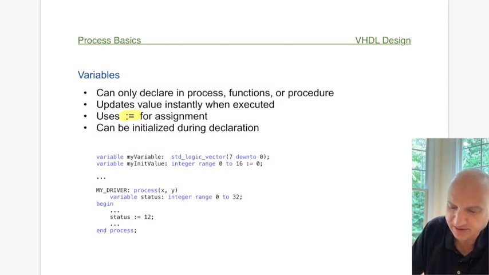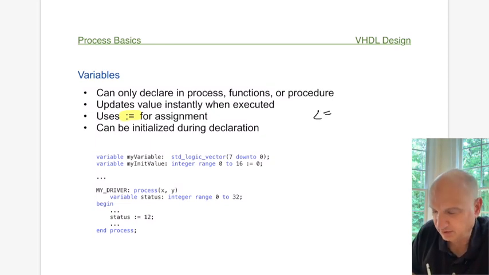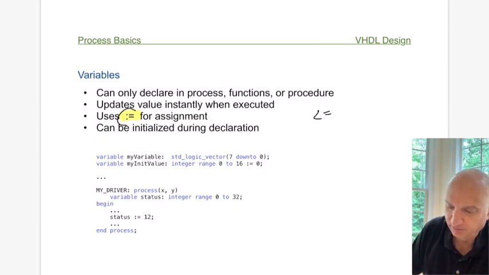Remember, when we're assigning to a signal, we use the less than and equal sign, and that's our signal assignment operator. But this is our variable assignment operator, and it will flag you during your compilation runs that you made an error if you try to assign them wrong.